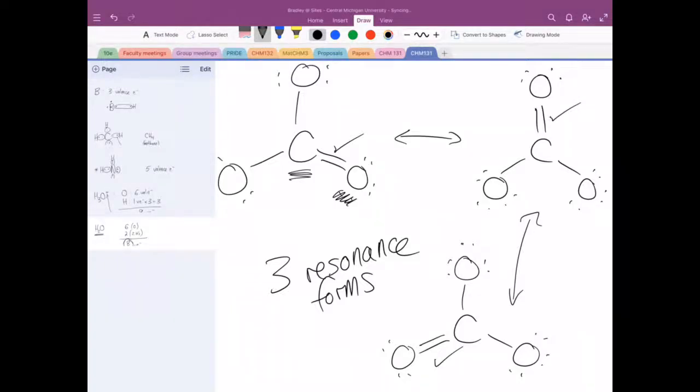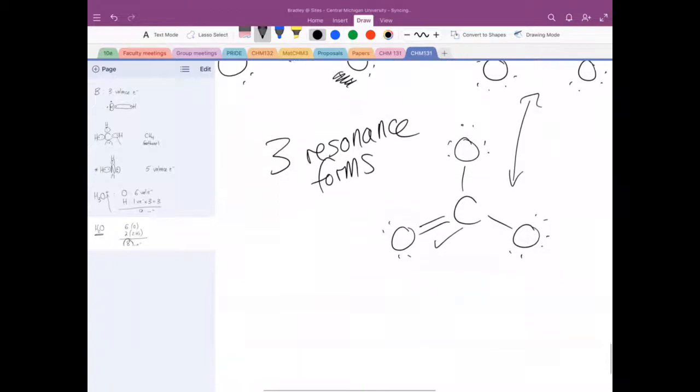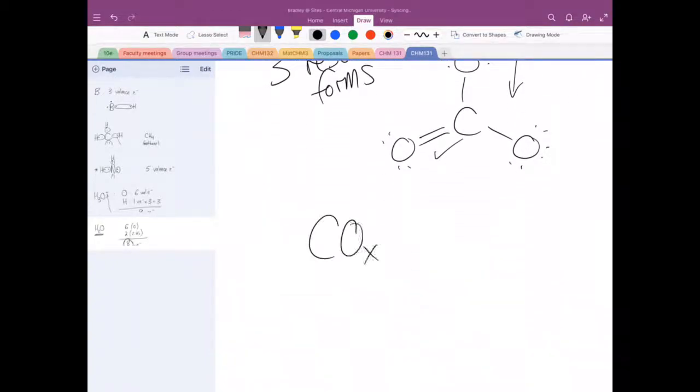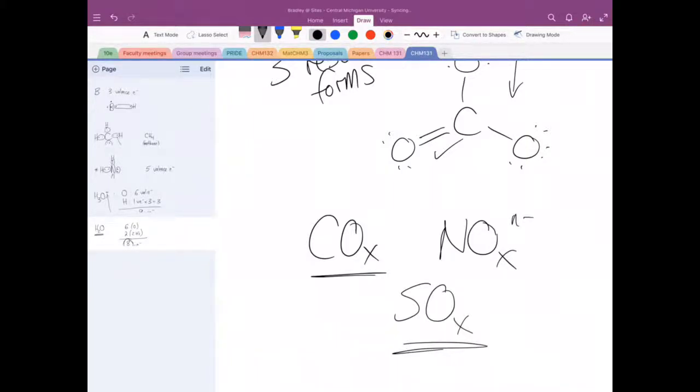And so you'll see this very typically with these kinds of structures, with nitrogens with oxygens, sulfur with oxygens, especially the anion species of these, like nitrate, for instance, sulfate, sulfite.